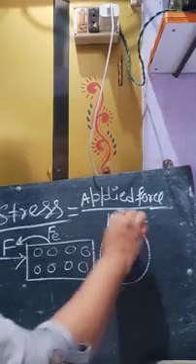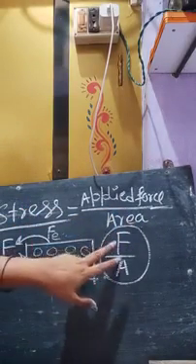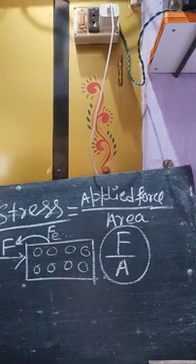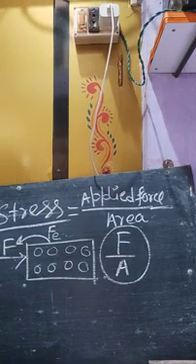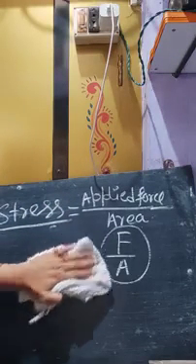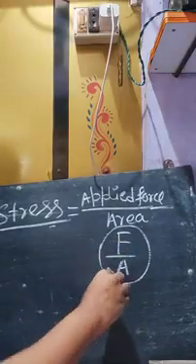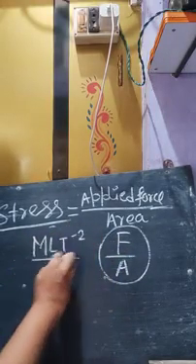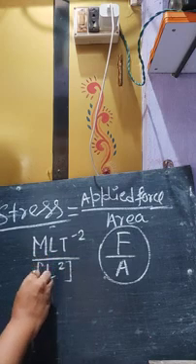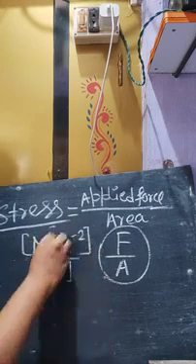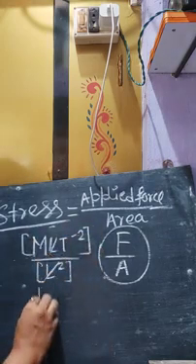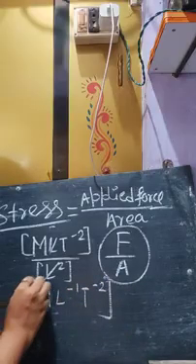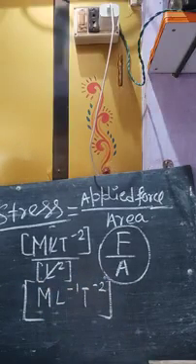If you see this notation, it is the same as our pressure notation, right? So what will be the dimension of this stress? What is the dimension of force? That is M L T to the power minus 2, and the area will be L squared. So one L cancels out, and it becomes M L to the power minus 1 T to the power minus 2.